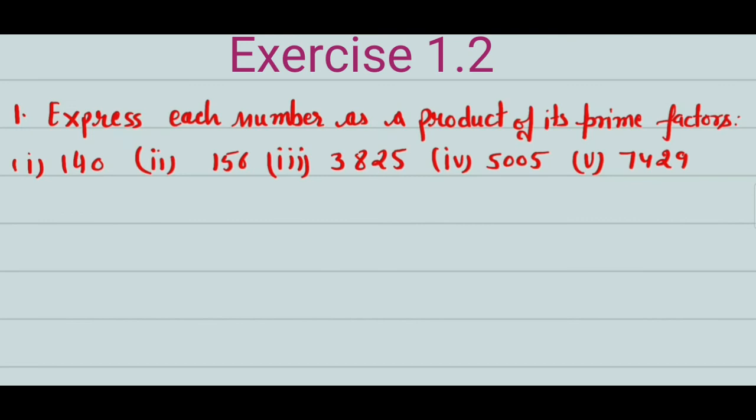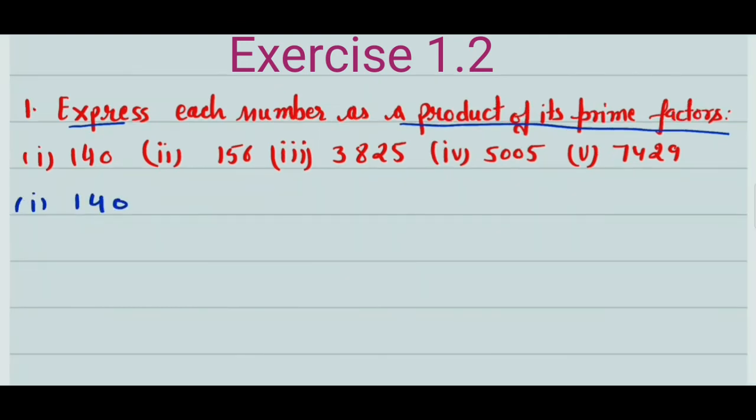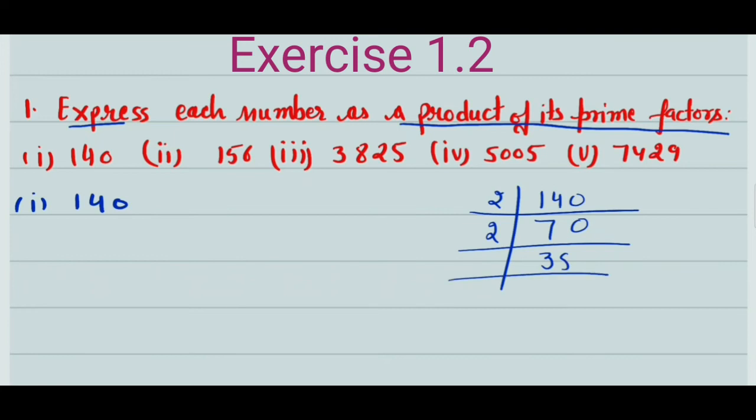So the first question here is: express each number as the product of its prime factors. The first question here we have 140. Here we'll do the prime factorization for 140. We can write it like this: it will go with 2, this will come 70, and then again 2, this will come 35, and then this will go with 5, and 7 and 1.